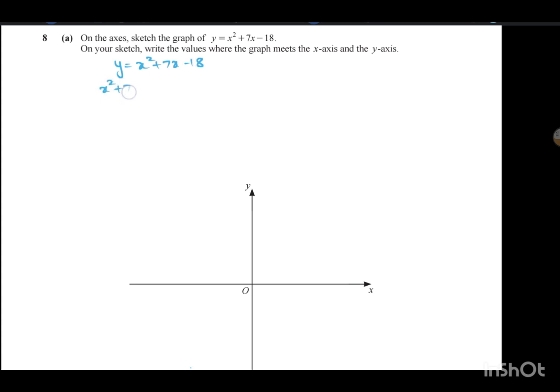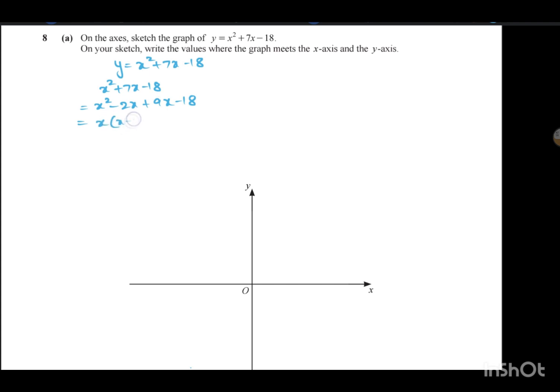Split the middle term using the factorization method. So minus 2x plus 9x, because minus 2 plus 9 is 7, and minus 2 into 9 is minus 18. So use that method and find out.